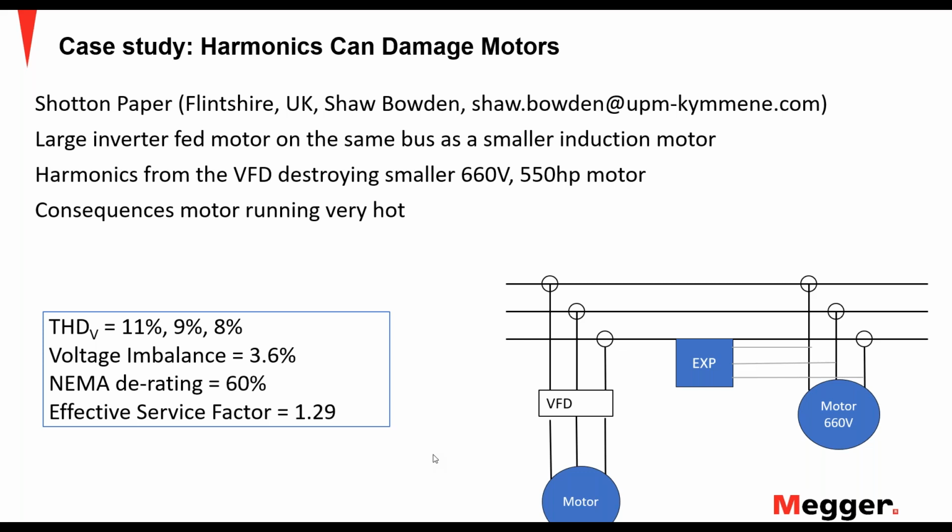What they found was that the VFD motor was running fine from the VFD, but that VFD was putting distortion back onto the bus, affecting the whole bus downstream from there. So this motor was not seeing as clean a power as it should have been.